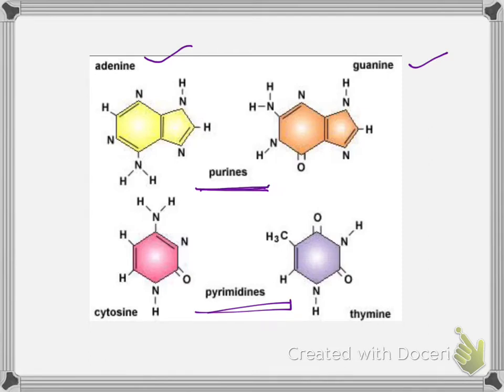Pyrimidines are cytosine and thymine, and they are single ringed structures. This is the structure of adenine, guanine, cytosine and thymine, the nitrogenous bases present in DNA. These are organic molecules and are basic in nature.